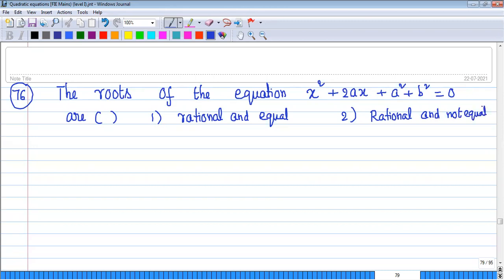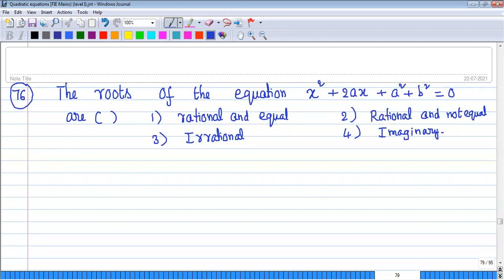Third one is irrational, fourth one is imaginary or complex numbers, we can say.